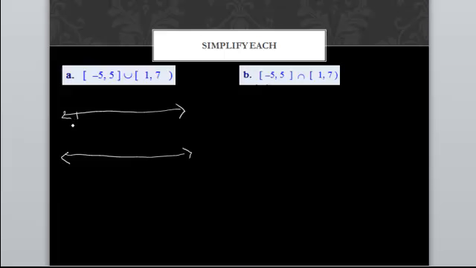So what I want to do is start at -5. I don't have enough room, do I? You get the idea.